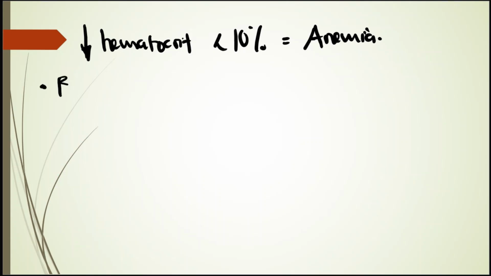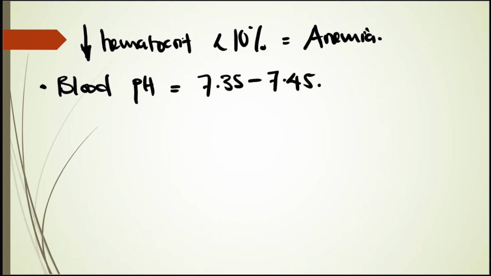Blood pH. Blood pH is 7.35 to 7.45. And this is regulated by the lungs and the kidneys. Okay. All right. So now in this second session, let's talk about how is blood formed. So blood formation is what we call hematopoiesis.